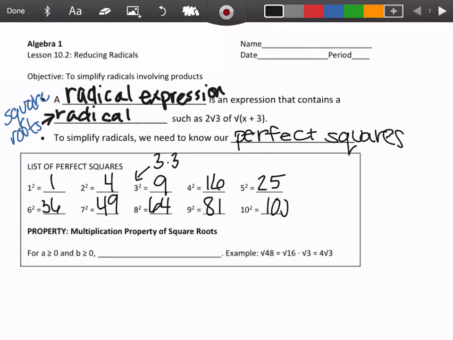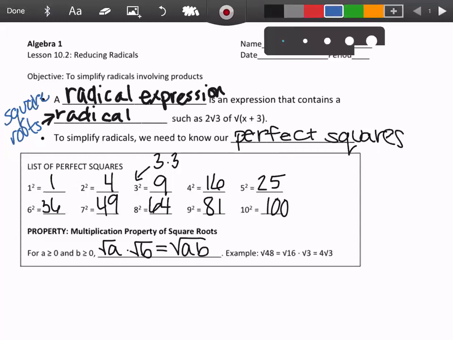So we do have a multiplication property of square roots. For where A is greater than or equal to 0 and B is greater than or equal to 0, if we have the square root of A and the square root of B, because they're both underneath square roots, we can multiply them underneath one square root.